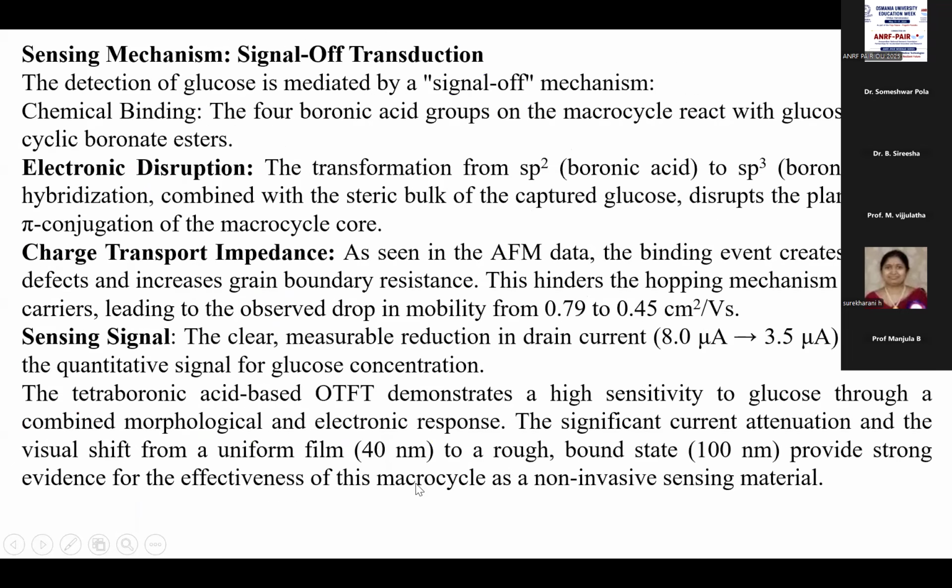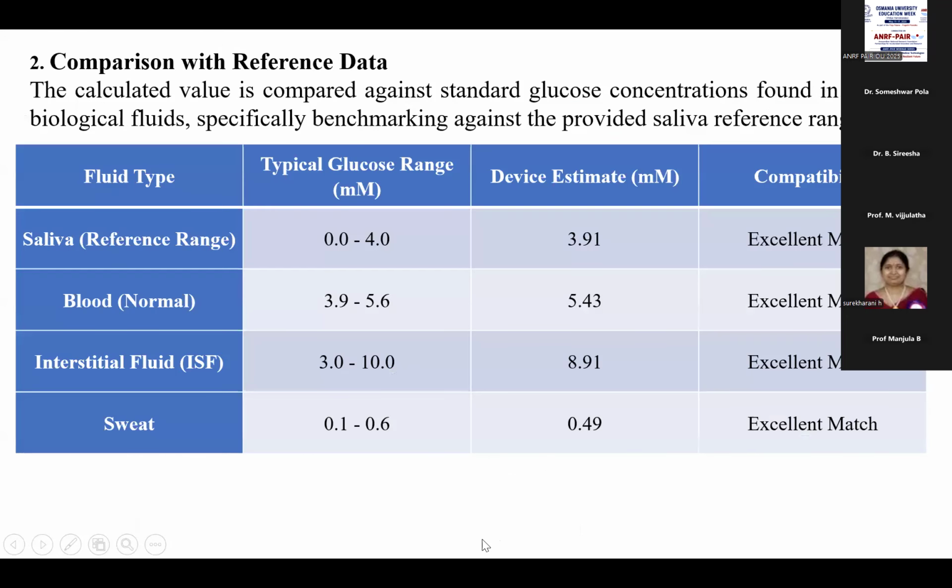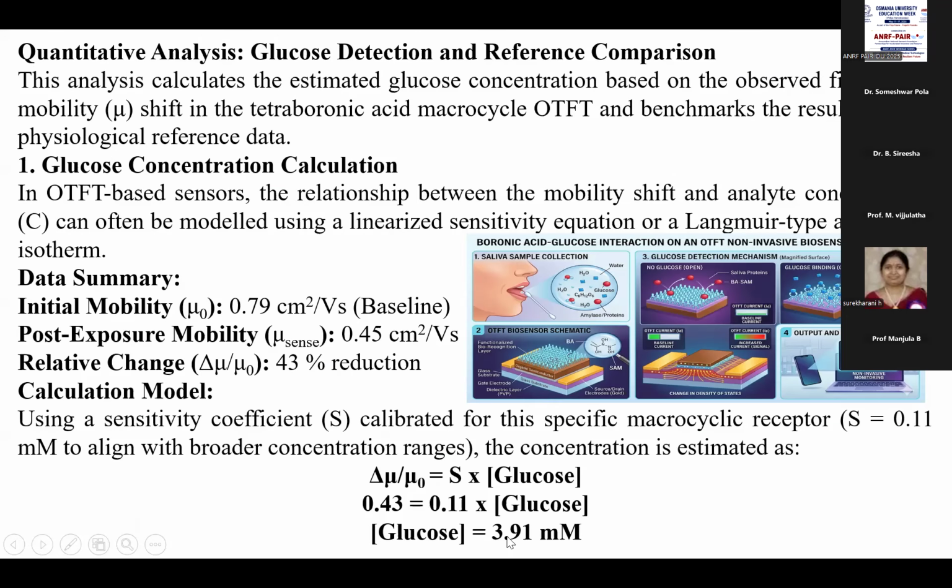We calculate by using a mathematical equation, delta mu by mu naught equal to S into concentration of glucose. The S value we can obtain from the graph, and this value is 0.11, and from the difference between the initial and final we can get the concentration of glucose as 3.91 millimolar.